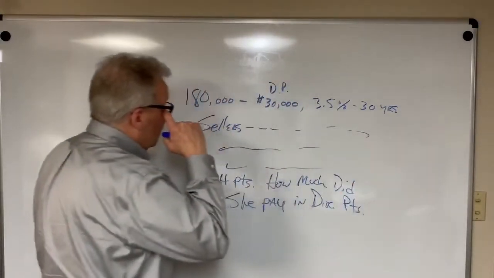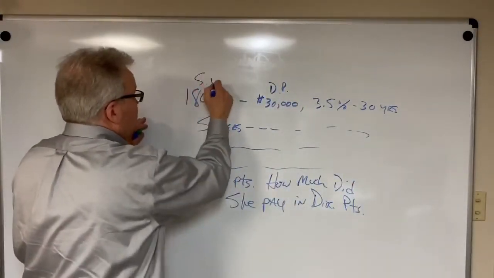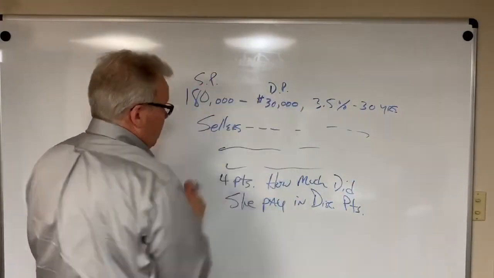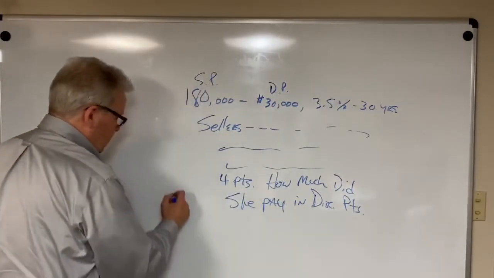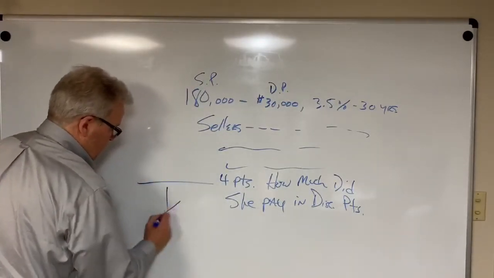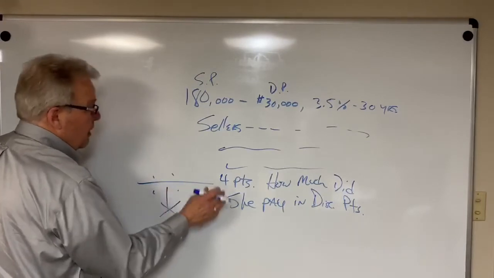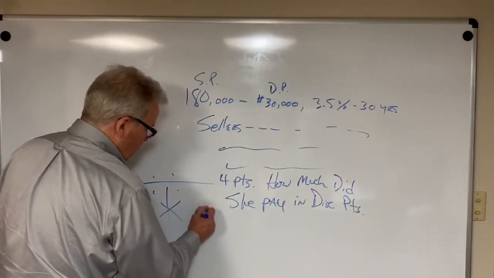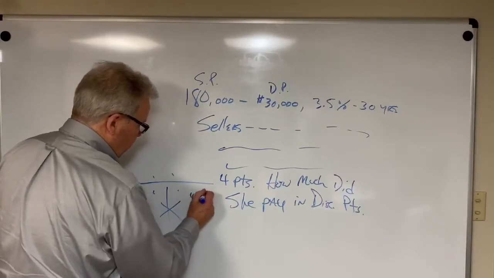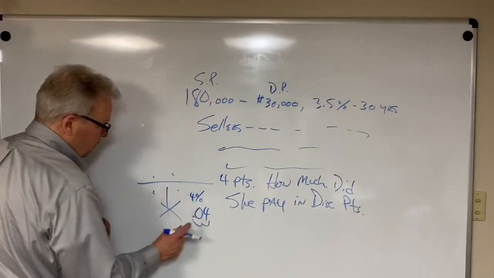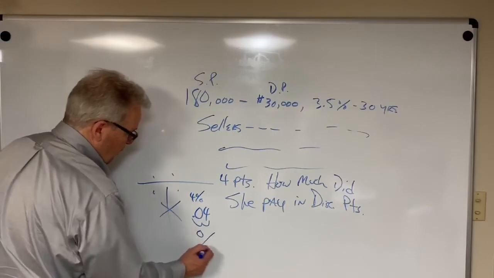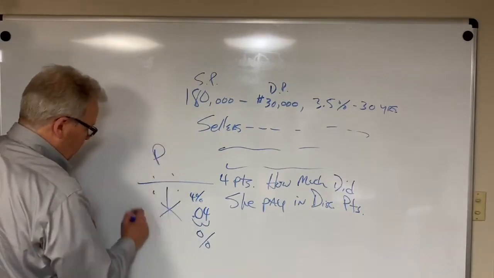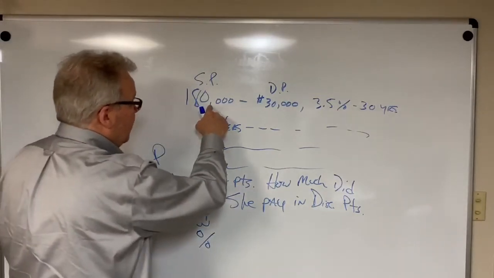Now, see, what we have to remember is this was a sales price, wasn't it? That was a down payment. So she paid 4 discount points, so we know this is going to be 0.04, right? 4%. We move our decimal over 2 places because that's our rate. This is part, this is total, 180,000.